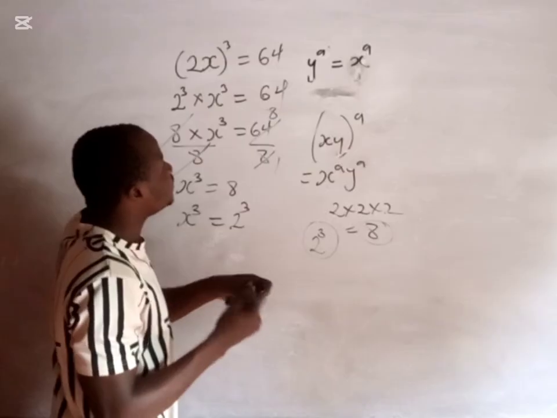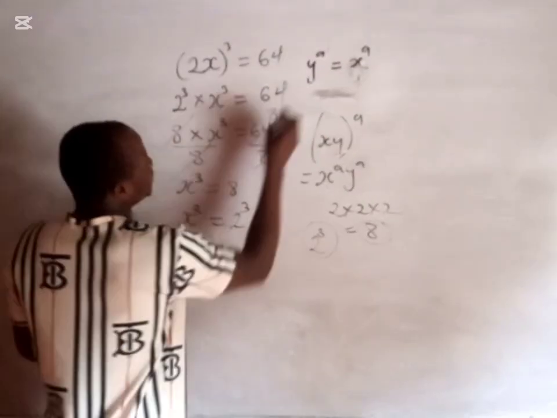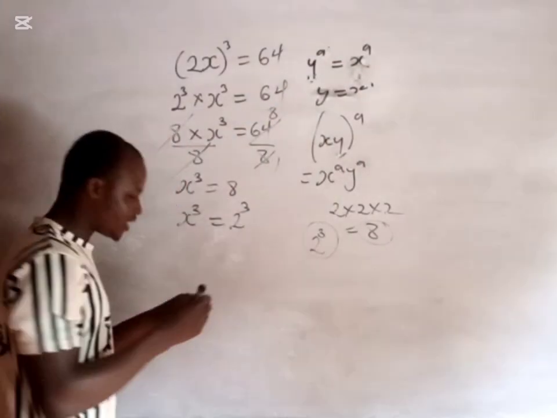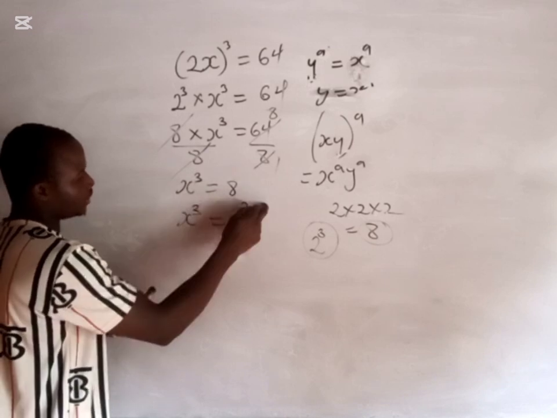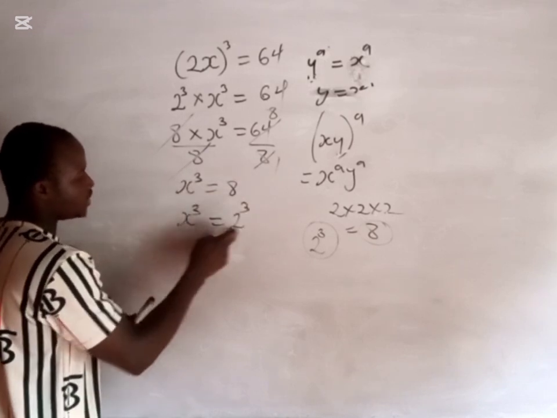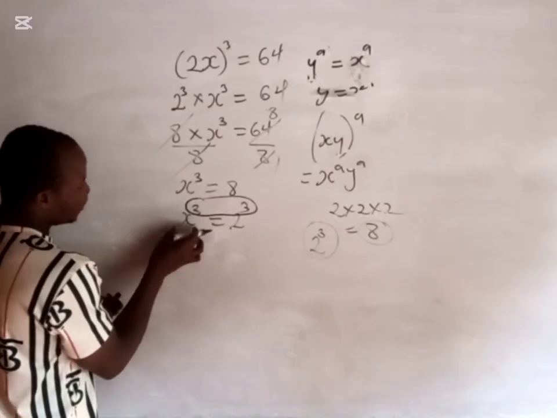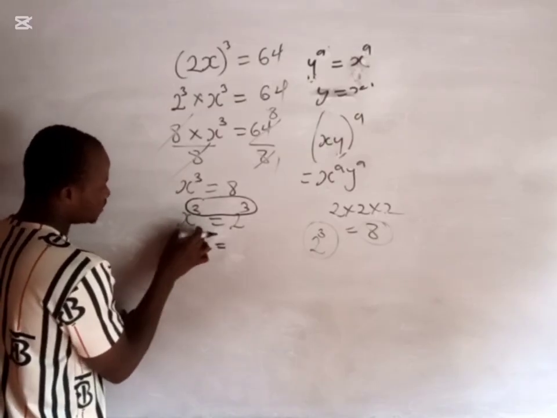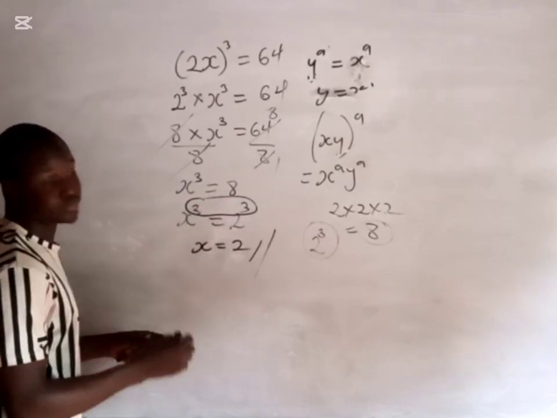So they have different bases but the same power. That means their bases will be equal to each other. So y is equal to x. Is that clear now? The same thing is applicable to this. They have the same power but different bases, so the base of this will be equal to the base of this. So x is equal to 2.